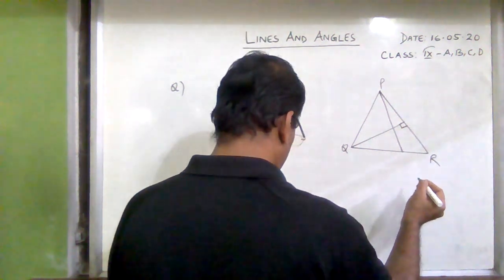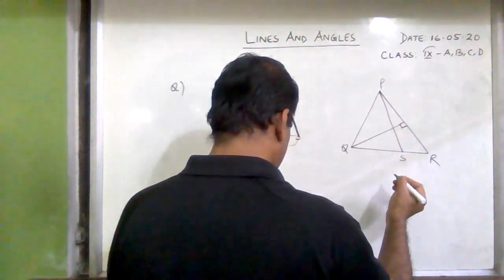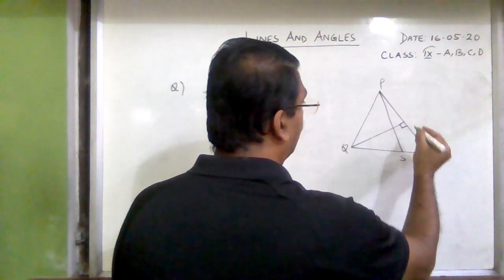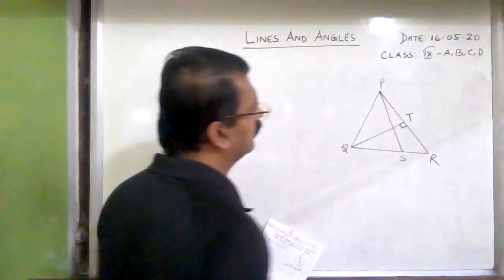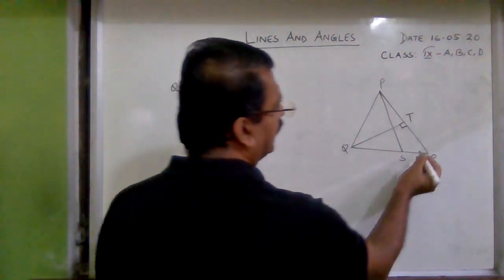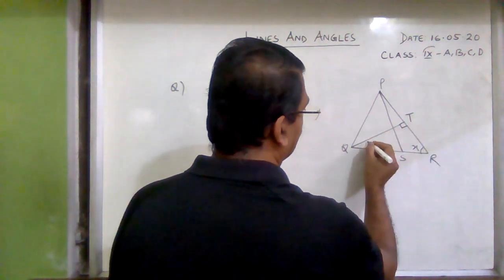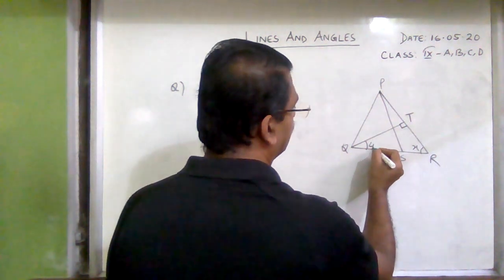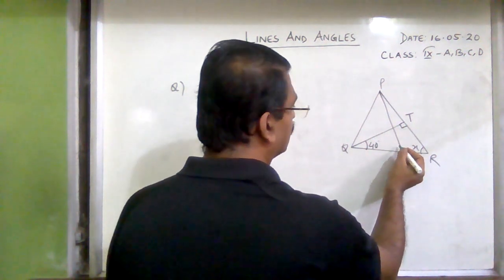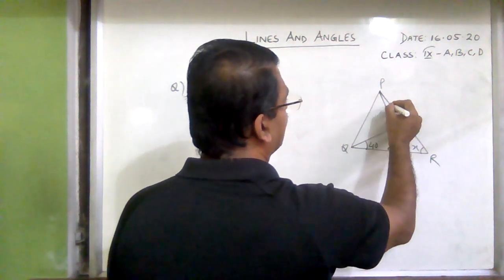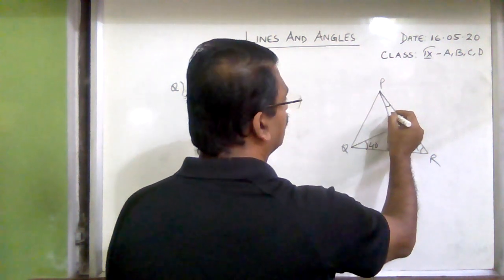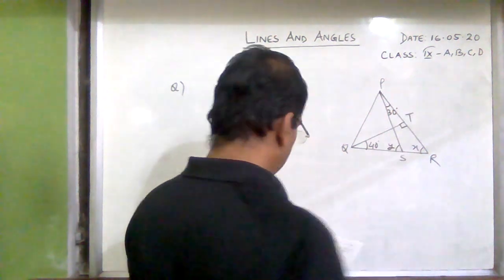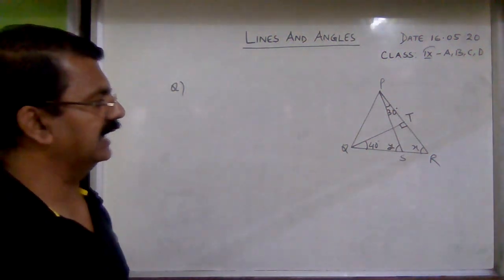PQR is a triangle. There is a point S, PS is joined, and QT is perpendicular to PR. Now this angle is given X, this angle is given 40 degree, this angle is given Y, and this angle is given 30 degree. Now you have to find the value of X and Y.